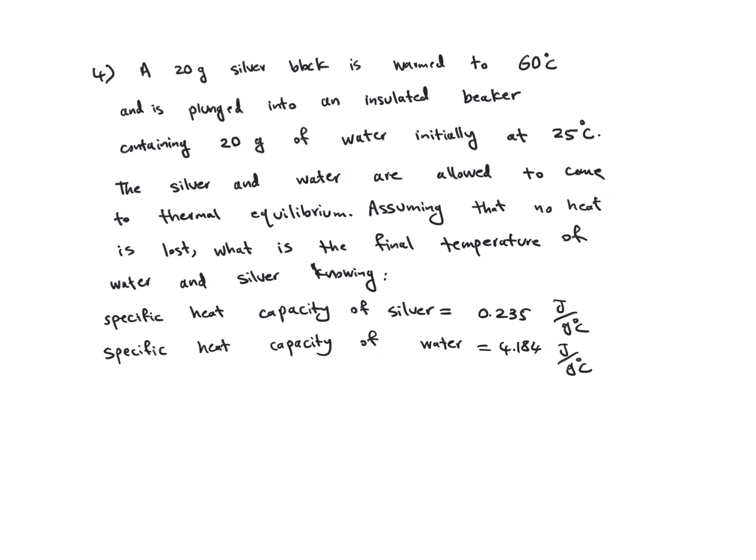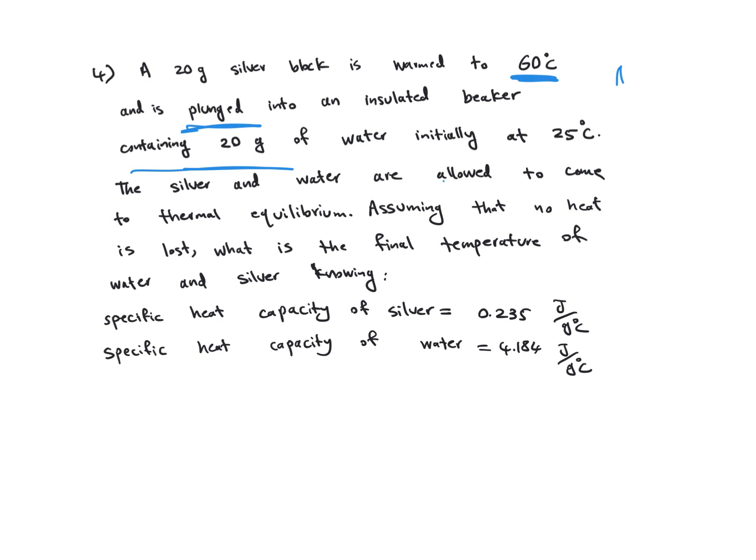Basically, you have a silver block, and you warm that to this temperature, right? And then you have a beaker that has this much water, and you plunge that silver block into the body of water.